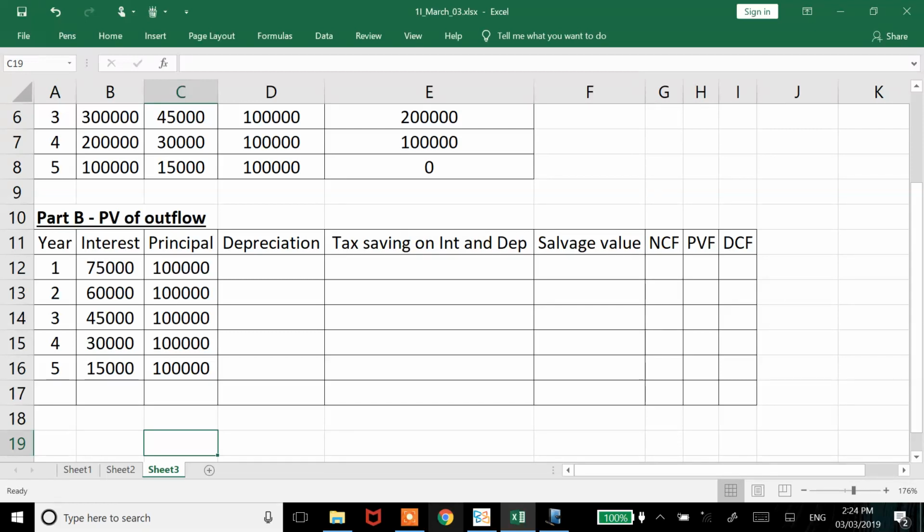What have they mentioned about depreciation? 20% WDV. So 5 lakh into 0.2. Next year onwards, first year depreciation into 0.8. That's the shortcut. First year is 5 lakh into 20%. Next year onwards, first year into 80, into 80, you can keep doing that. The formula is year 2 depreciation is equal to year 1 depreciation into 1 minus WDV rate.